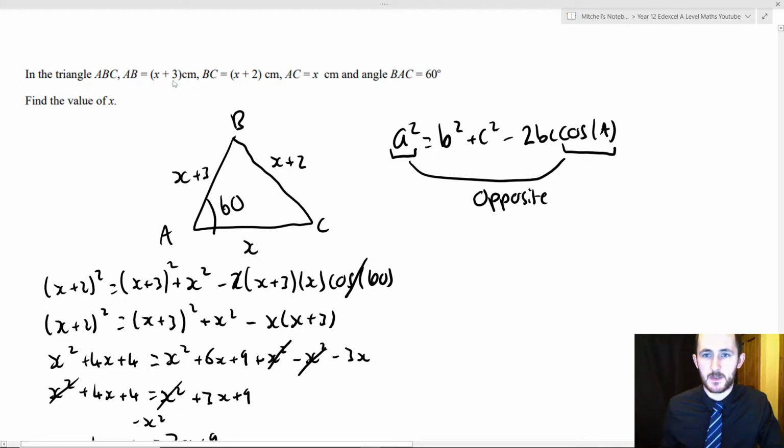Because x plus 2 is the side BC. And the angle is BAC. So the only restriction on the cosine rule is that the small a and the capital A have to be opposite each other for it to work. So in this case, (x + 2) has to be squared equals to the rest of it. Does that answer your question?